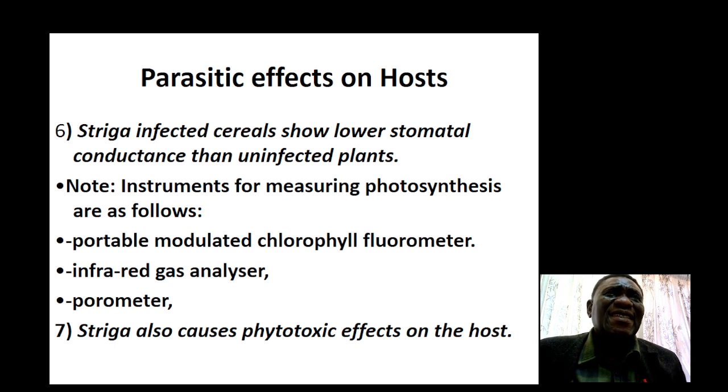Striga infected cereals show lower stomatal conductance than uninfected plants. Now, if you have a cereal which is infected, it tends to close, to shut the stomata.